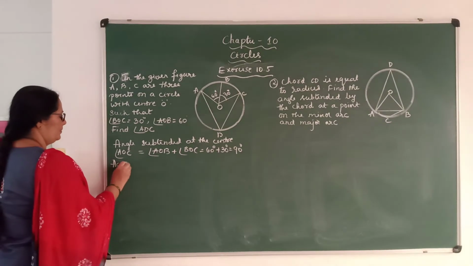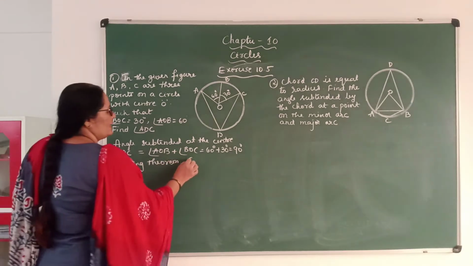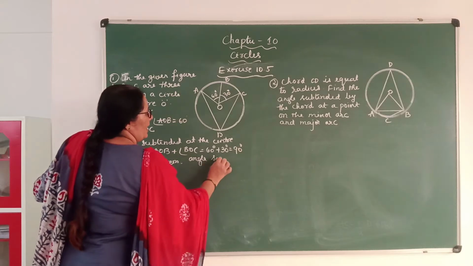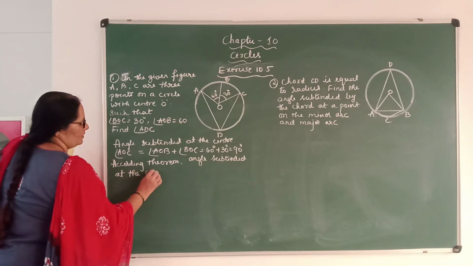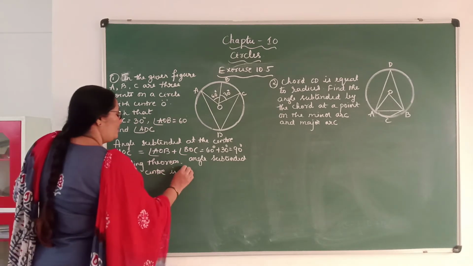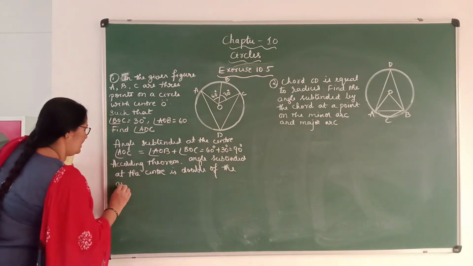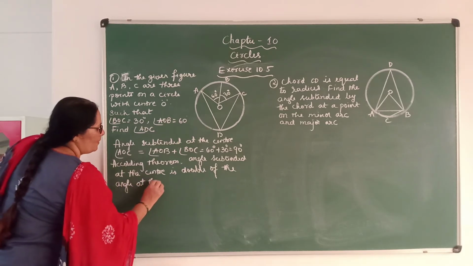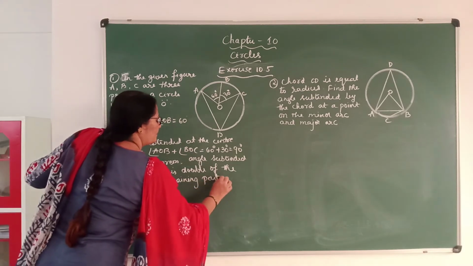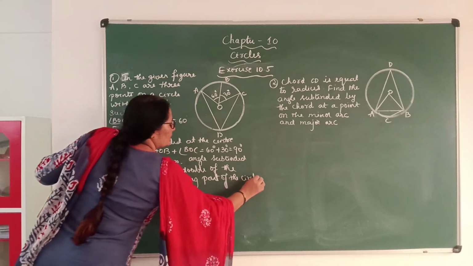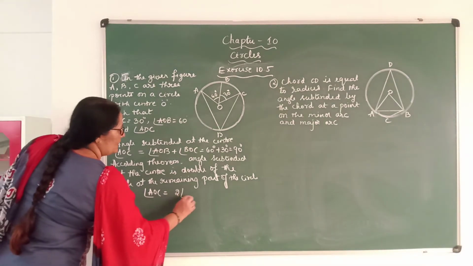According to the theorem, angle subtended at the center is double of the angle at the remaining part of the circle, that is angle AOC equals twice the angle ADC.